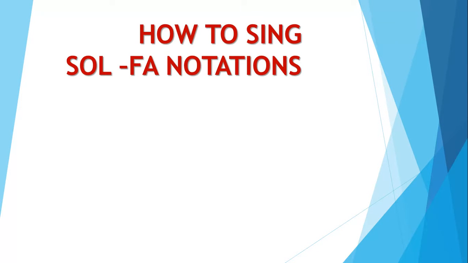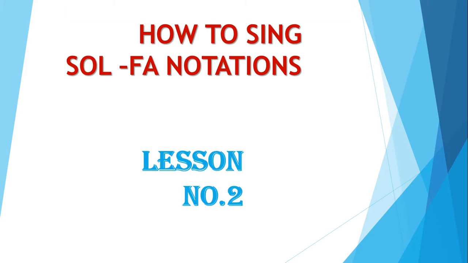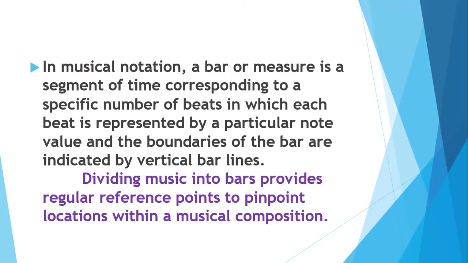How to sing SOLFA notations, lesson 2. In musical notations, a bar or measure is a segment of time corresponding to a specific number of beats in which each beat is represented by a particular note value, and the boundaries of the bar are indicated by vertical bar lines.